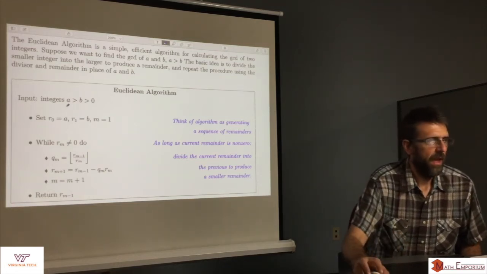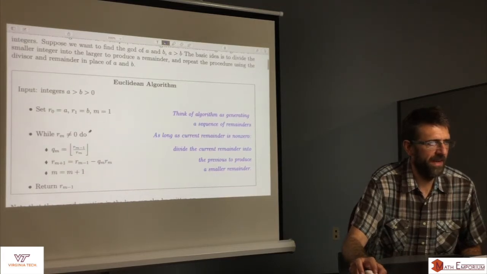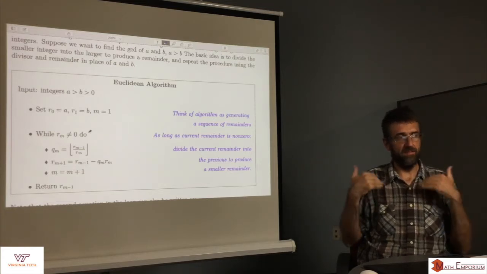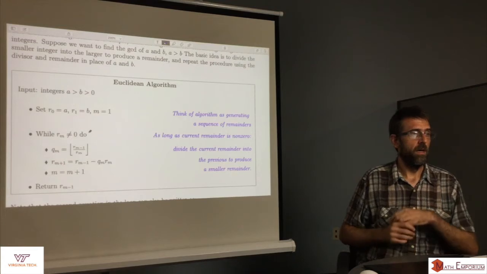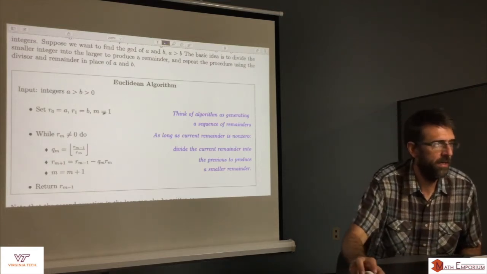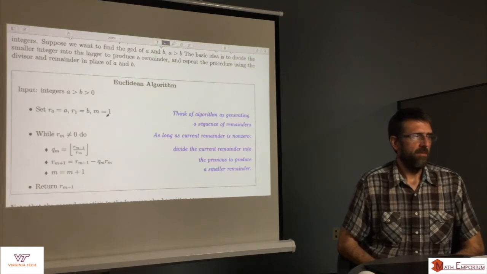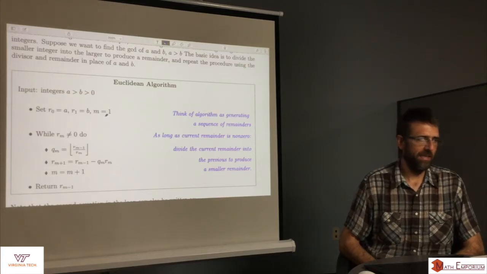And so the idea then is I'm just going to think of this algorithm as generating a sequence of remainders. So a I'll think of as the 0th remainder, and then b I'll think of as the first remainder, and I'm also going to have this counter here, m is equal to 1. As long as my current remainder is non-zero, that means I can divide it into the previous remainder.